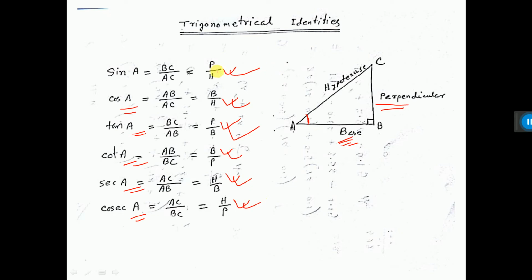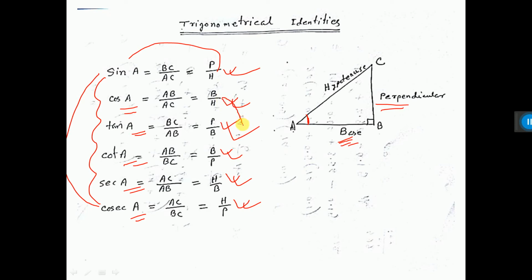The ratio names are sine, cos, tan, cot, sec, cosec. First read them a few times: sine cos tan cot sec cosec. It is in order. Then you see sine and cosec are opposite to one another: perpendicular by hypotenuse, hypotenuse by perpendicular.